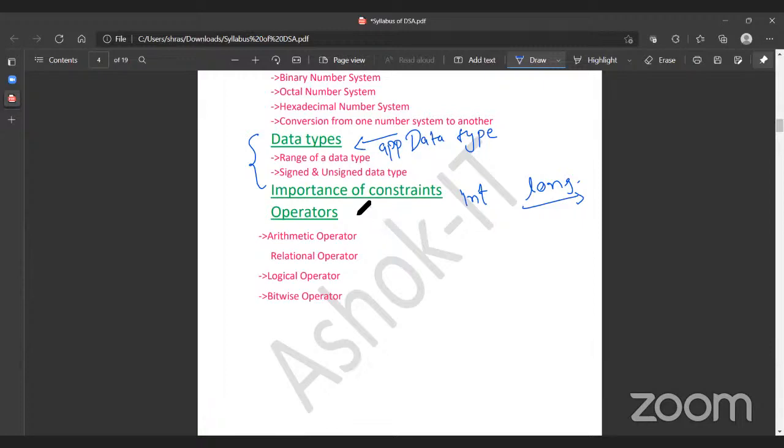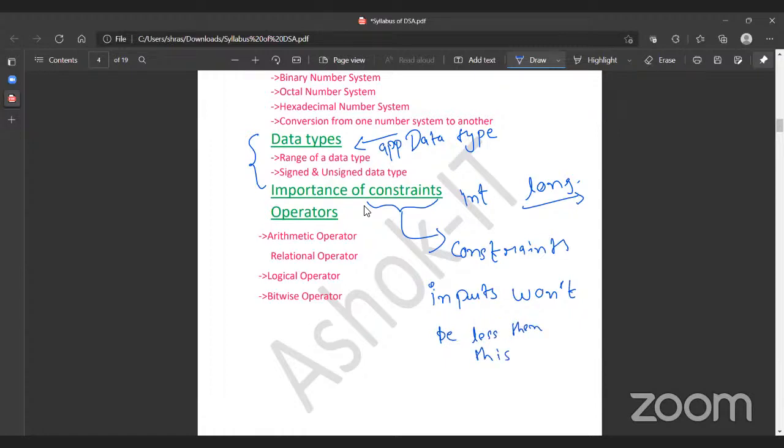Importance of constraints. What are constraints? First of all, we should know that. Whenever you come across any problem on any platform, they give you some kind of constraints, in the sense that inputs won't be less than this or more than that.